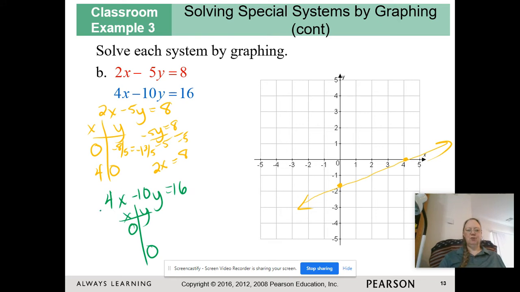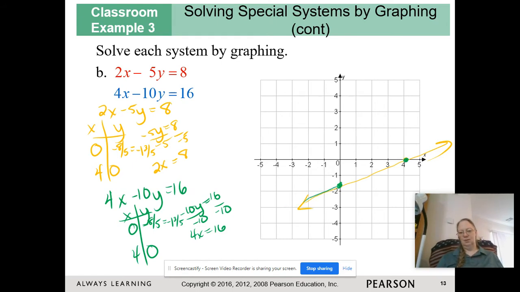If I plug in 0 for x, I get negative 10y is equal to 16. And this will reduce to negative 8/5, which is negative 1 3/5. There we go, right there. I plug in 0 for y, and I get 4. There you go.